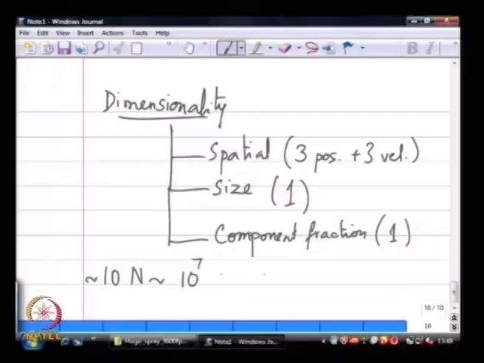Okay, that is where our next level of approximations comes in. So, what would some of these approximations look like?